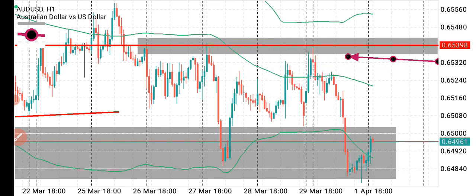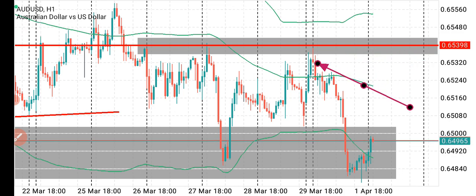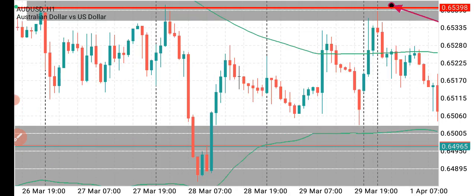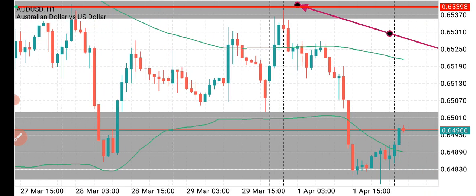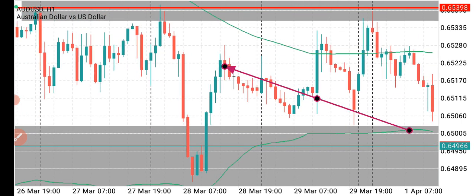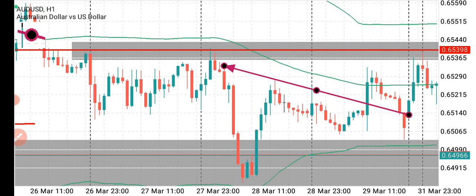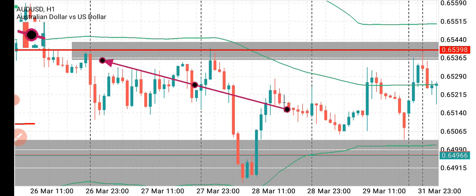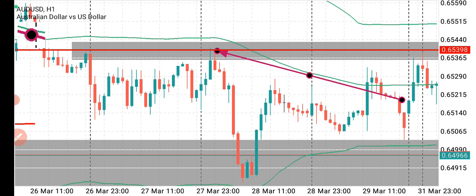So when price approaches this resistance zone, we believe we need a confirmation for us to make our sell entry, and this confirmation from our level of resistance is based on a candlestick formation.